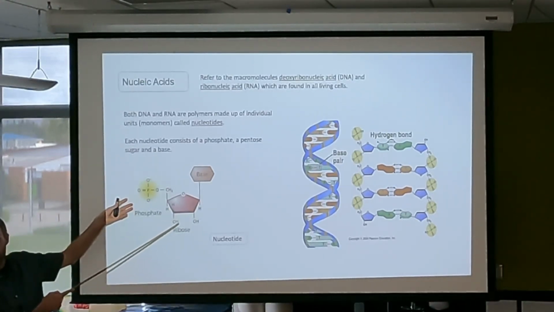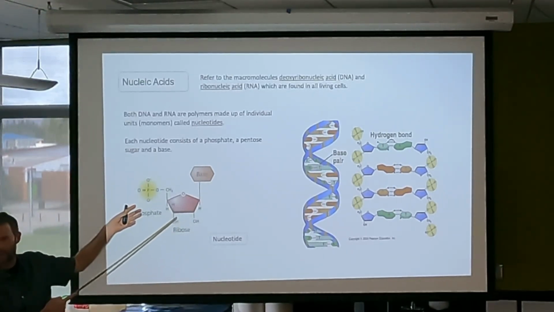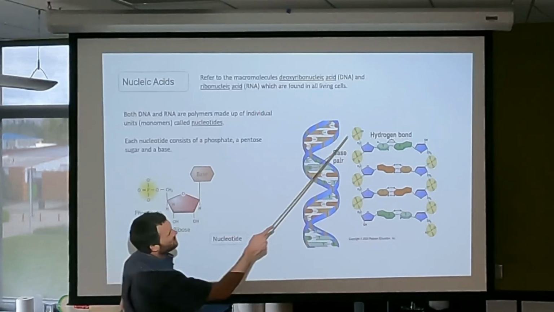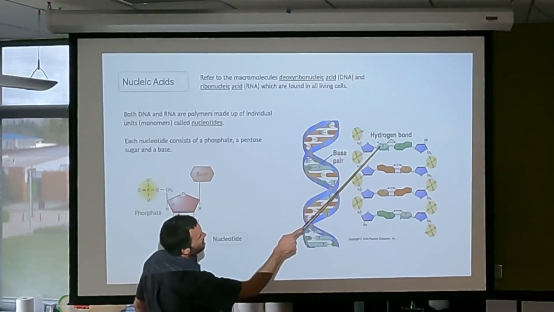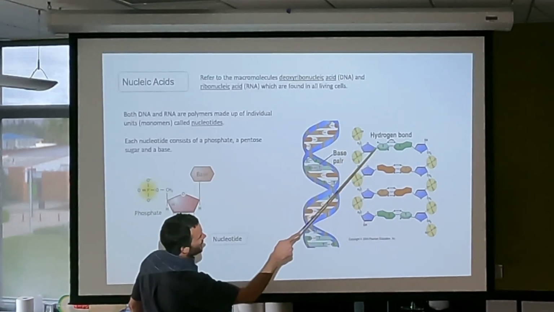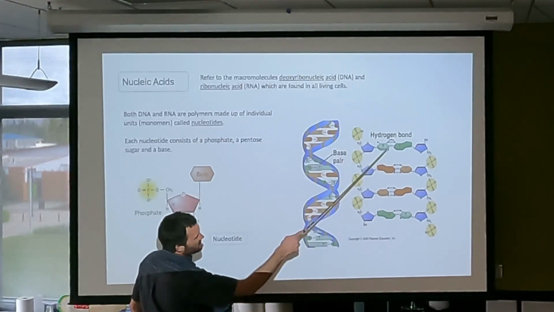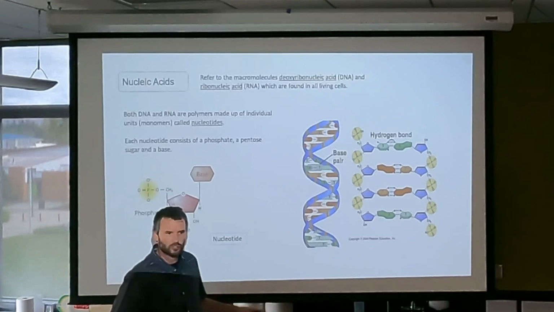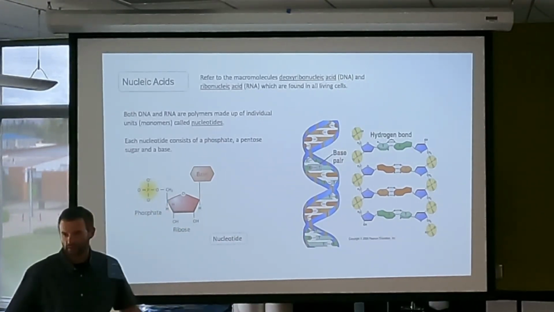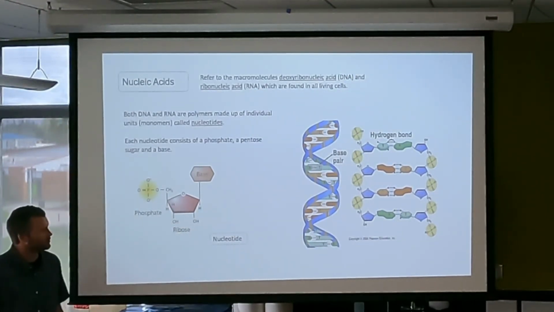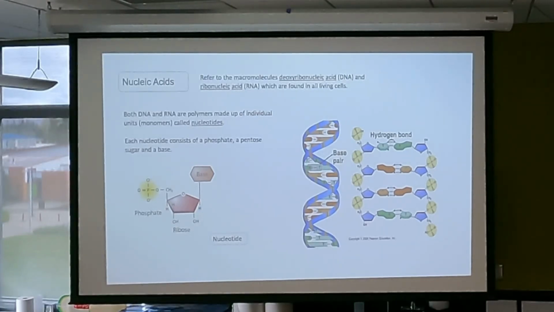You see the individual nucleotides a little more clearly now? Here's the phosphate, there's the sugar, there's the base. This is one nucleotide. Phosphate, sugar, base. Phosphate, sugar, base. And you can see that the bases vary between the different nucleotides, but those are the polymers there. So ribose is the sugar.